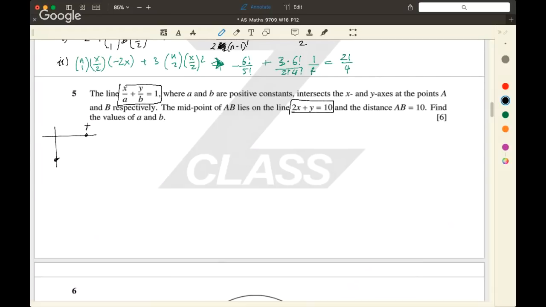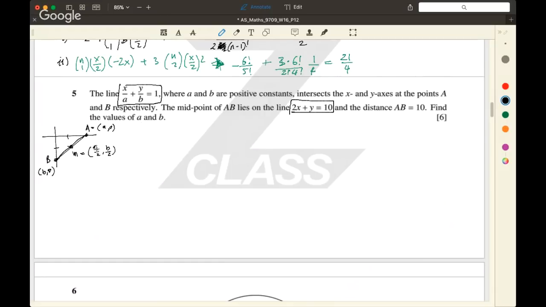I'm going to say that's A and that's B. And there is some line AB between them. And there is some midpoint here. So I'm going to say that A has the coordinates a, 0, and B has the coordinates 0, b. Then the midpoint M must have the coordinates a over 2, b over 2, because we've got halfway along and halfway down.